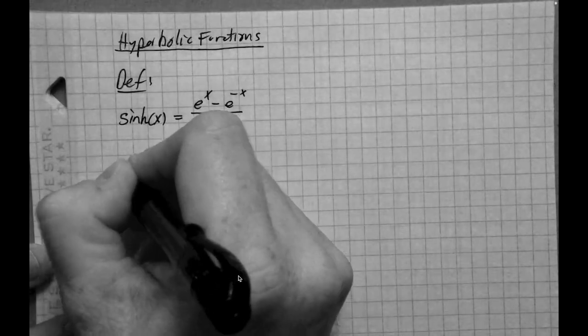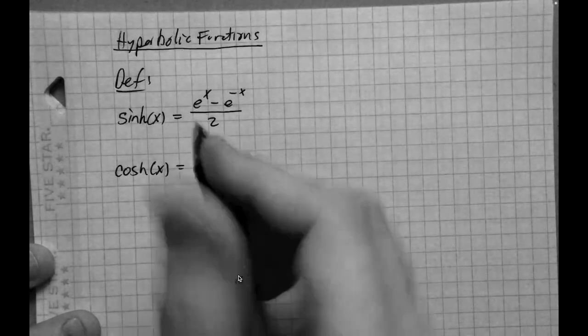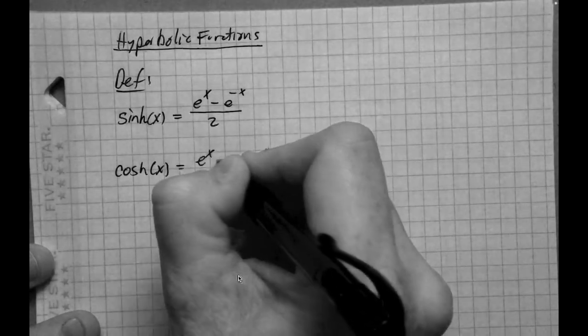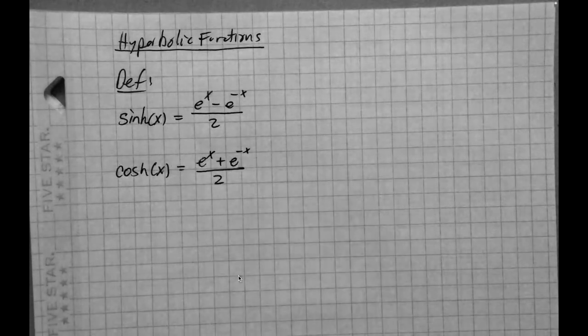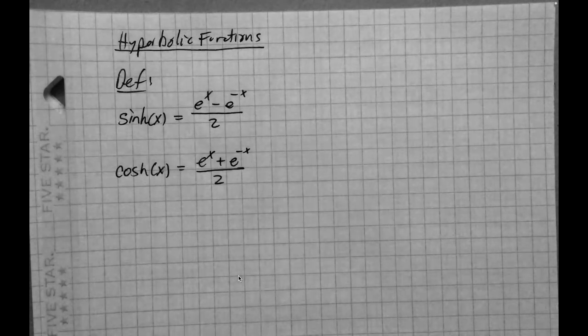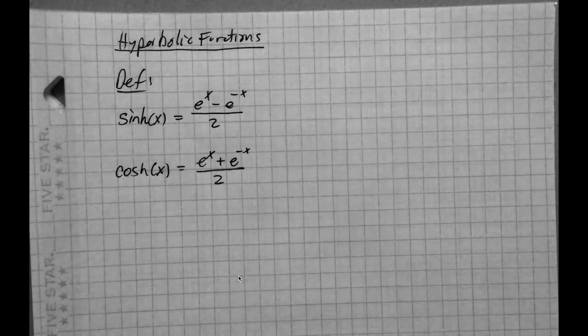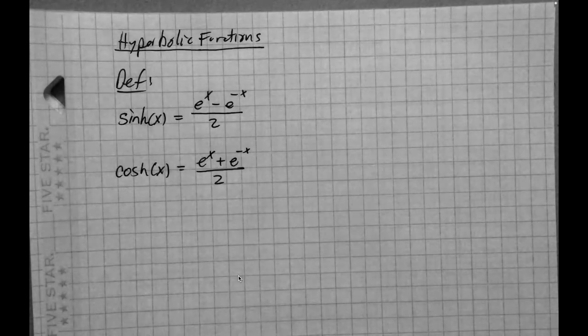Similarly, we've got a hyperbolic cosine, and that's going to be real similar. It's going to be e to the x plus e to the negative x over 2. And all of the other variations of the hyperbolic functions are going to be derived from these two.